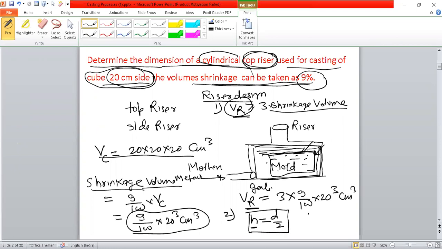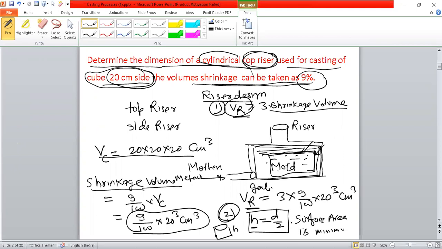That is the second condition, because in this condition surface area is minimum for a given volume. For a given volume of a cylindrical top riser, we have already discussed, for minimum surface area, height must be half of the diameter. This is the second condition, right?